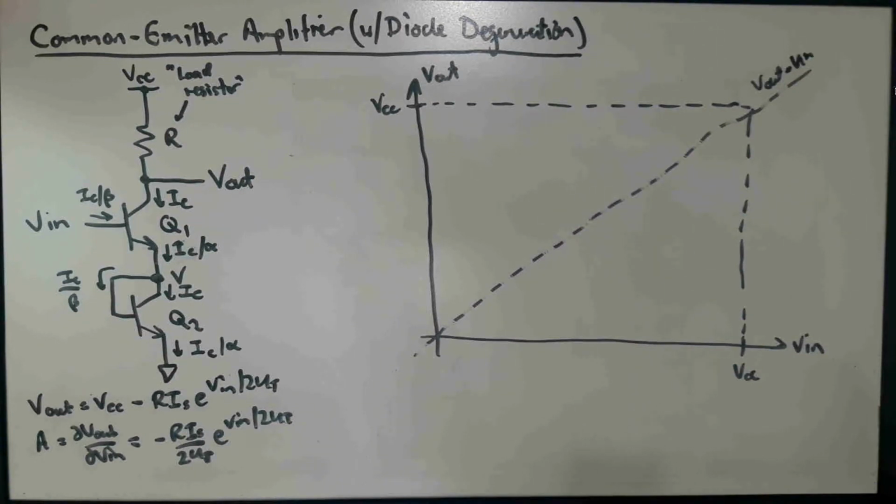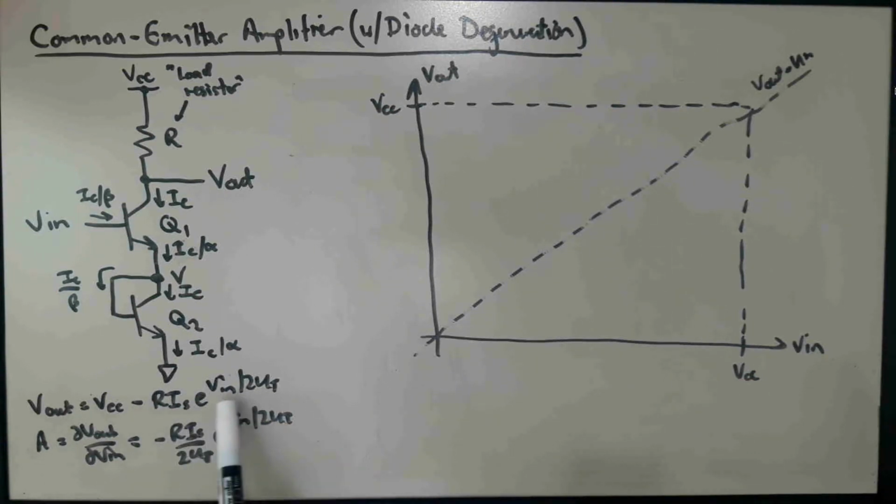And so for low values of Vn, this is going to be very small. So IS is a number like femtoamps, and if R might typically be, oh, I don't know, kiloohm or something like that, we're going to have very, very small currents here.